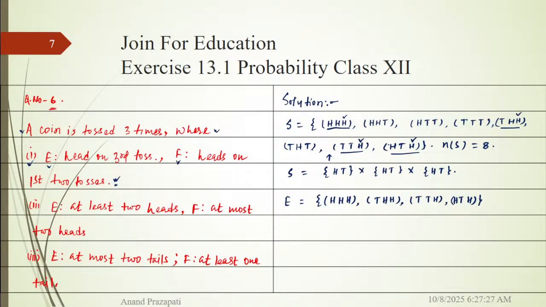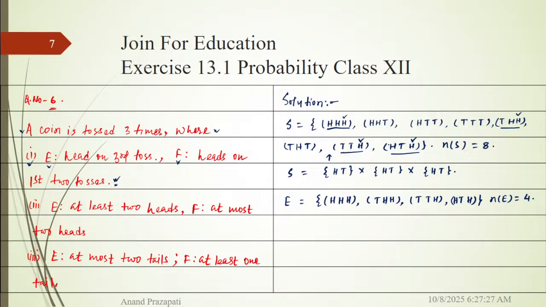So here the number of E equals 4: 1, 2, 3, 4. There is no problem to understand up to this step.